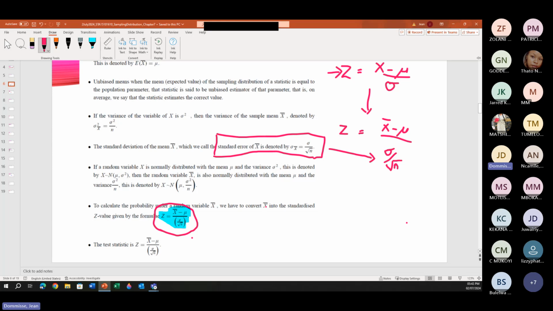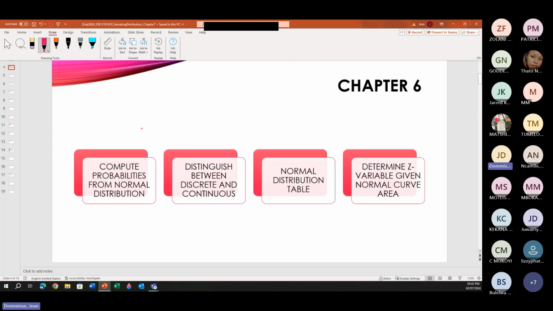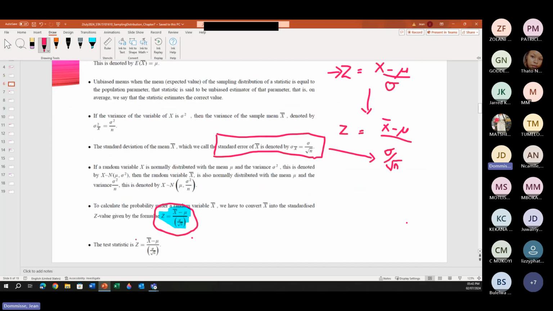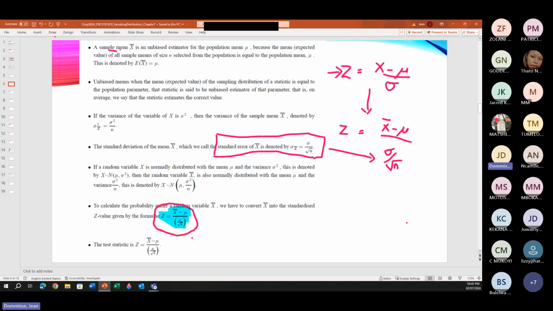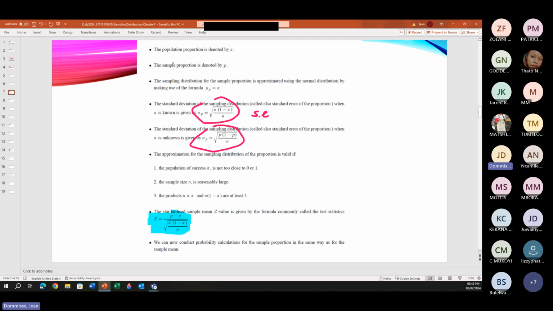They can do it with the sample mean, and they can do it with the population proportion. So we will have a few questions on both that we will go through.